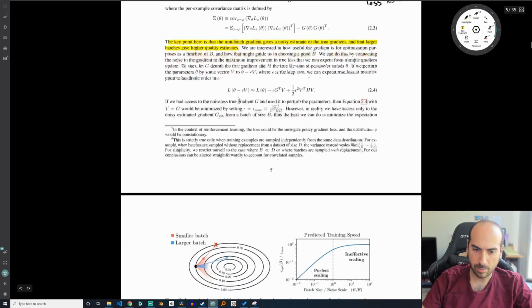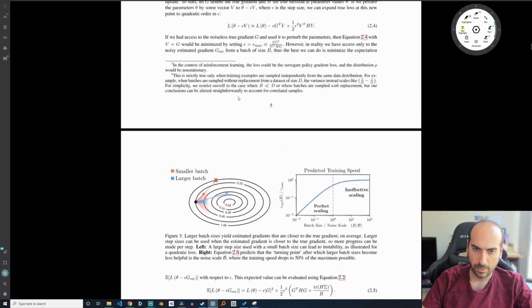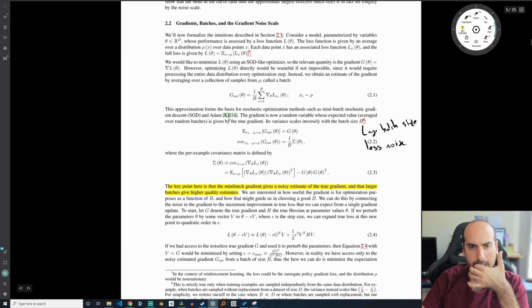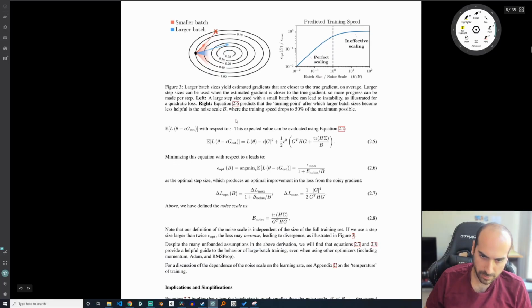A gradient estimate for the batch. So we said this is the Hessian, this is the covariance, and this is the gradient for the batch.